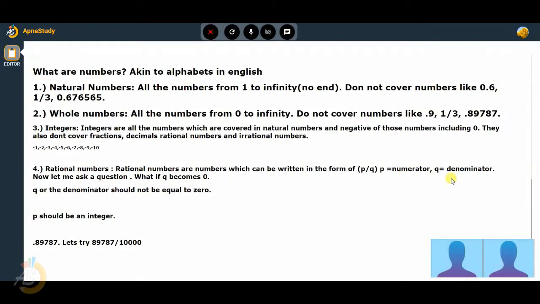Correct. So I said that every number can be represented as a rational number, and I also said that my statement is not exactly true. Can you think of any explanation why this statement is not true?